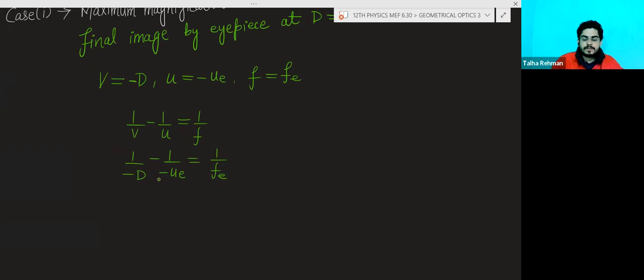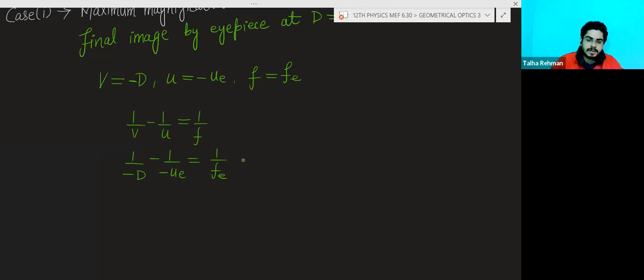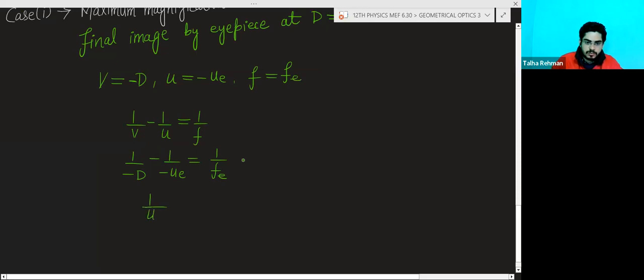This minus and minus will be plus, it will be 1 upon UE, and this 1 upon minus D will go to this side and become plus 1 by D. So it will be 1 upon UE is equal to 1 upon FE plus 1 by D. So you have the value of 1 upon UE.